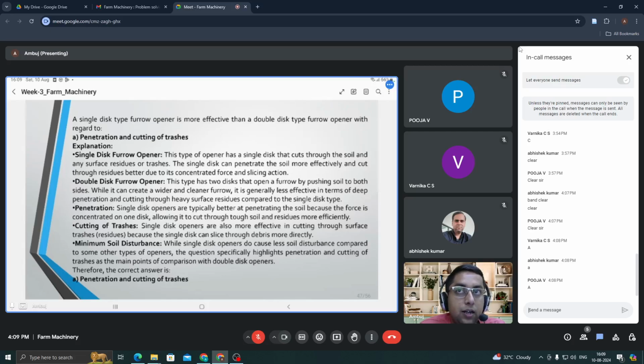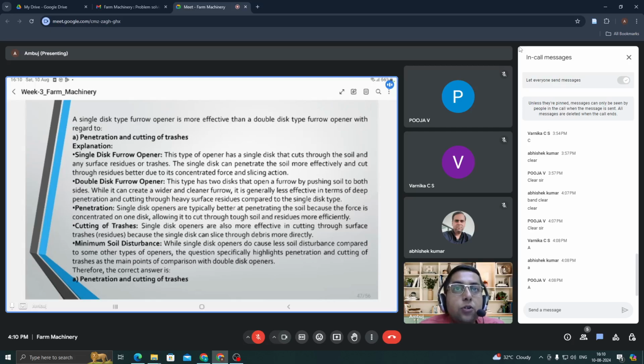In case of single disc type furrow opener, it would be better at penetrating the soil because force is getting concentrated in a single disc, allowing it to cut through tough soil and residues, while there would be somewhat distribution of the weight concentration force in case of a double disc type furrow opener. This is the correct explanation.